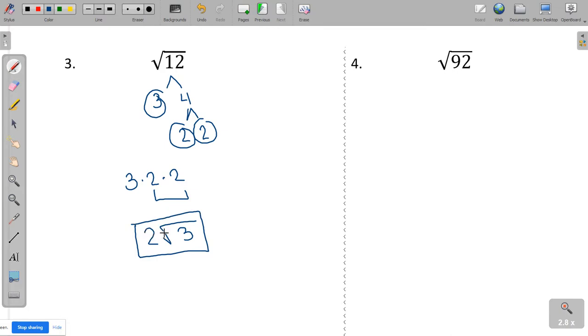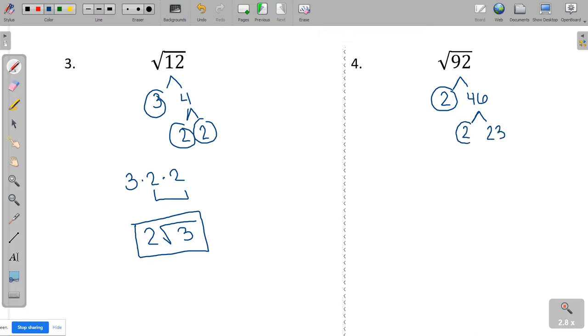So number 4 here, square root of 92. Let's break this open. 2 goes into 92 46 times. Now 2 is prime. We need to break open our 46. 46 can be divisible by 2. 2 goes into 46 23 times.